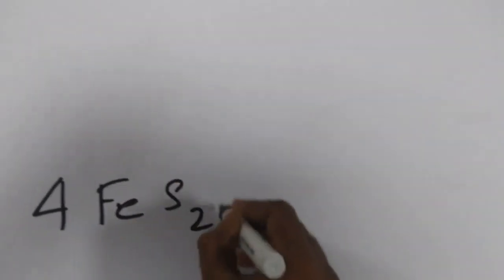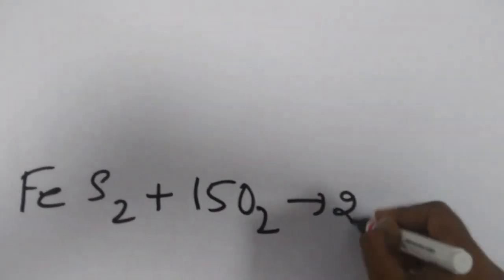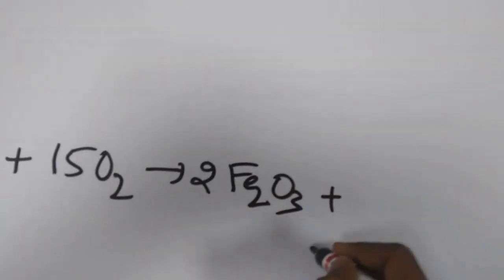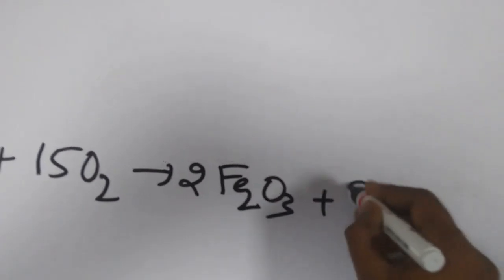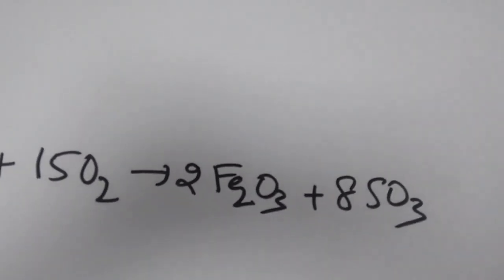4 FeS2 plus 15 O2 gives 2 Fe2O3 plus 8 SO3.